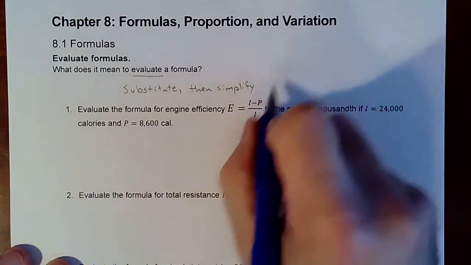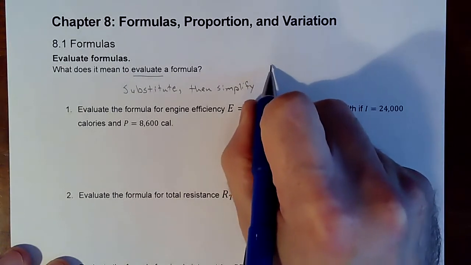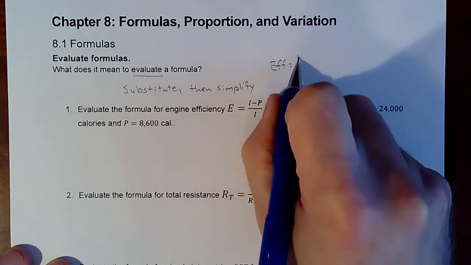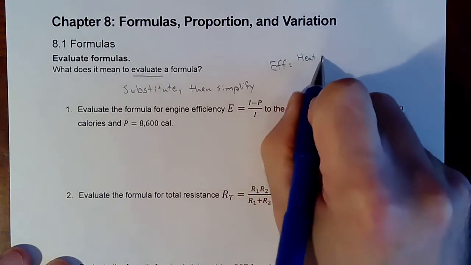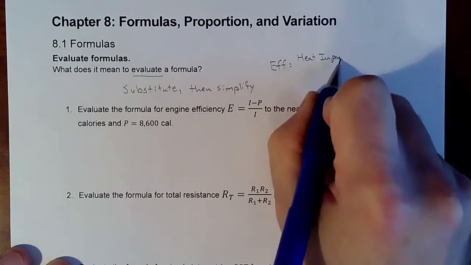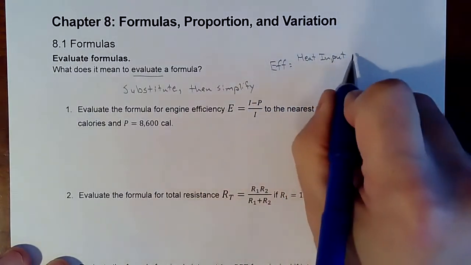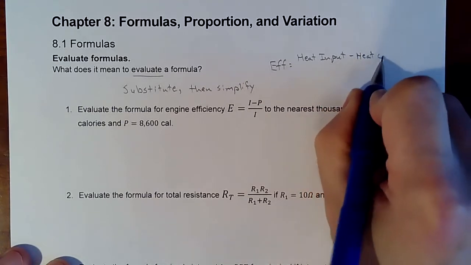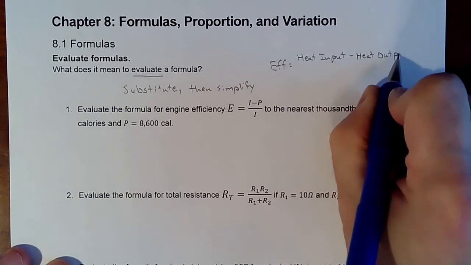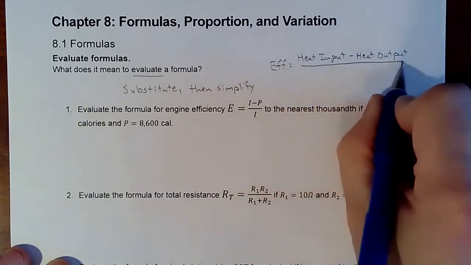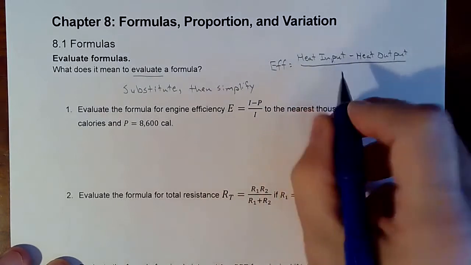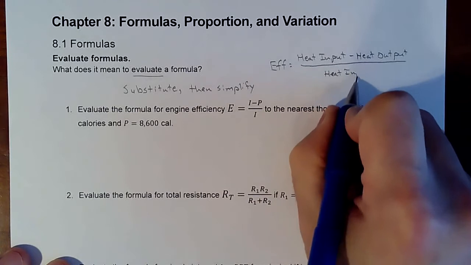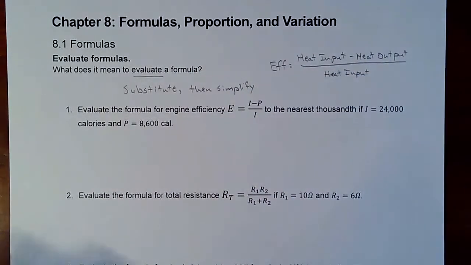Here's the idea: your efficiency formula is your heat input, that's what the I stands for, minus your heat output, divided by your heat input. Okay, so that's what those letters represent.